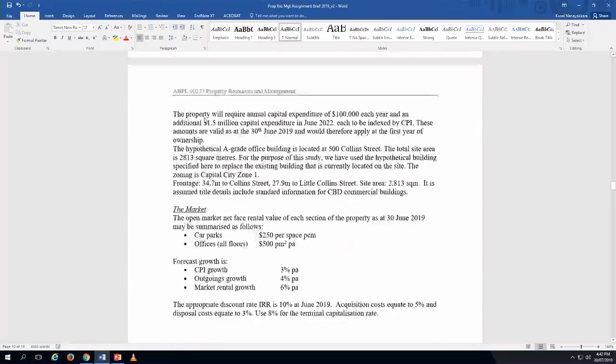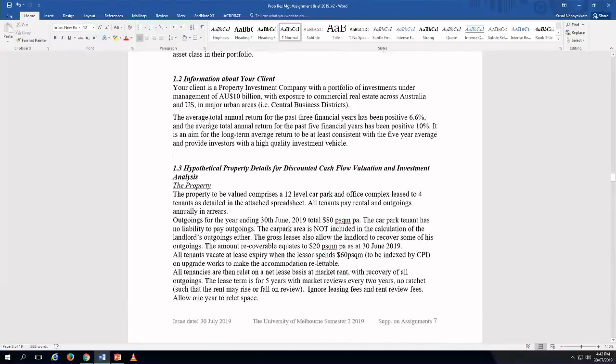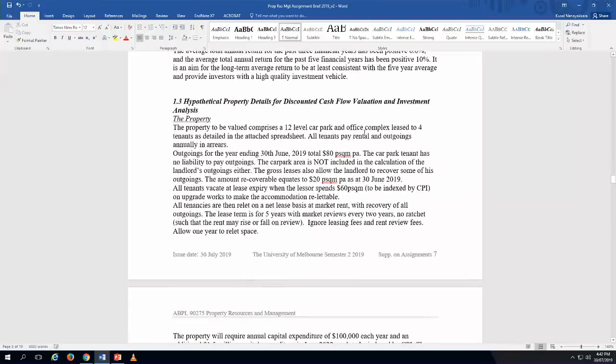Highlight. Lease. All tenants pay rental and outgoings annually in arrears. It means at the end of the year.